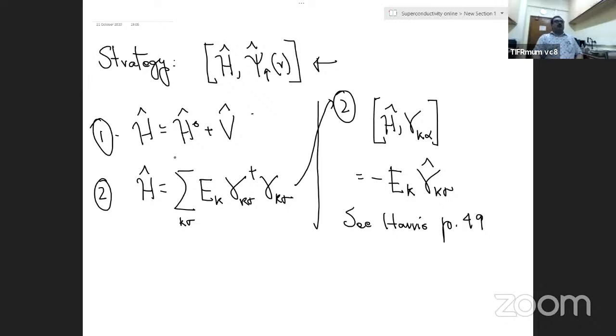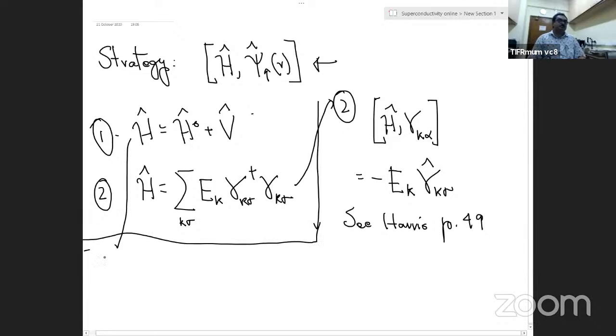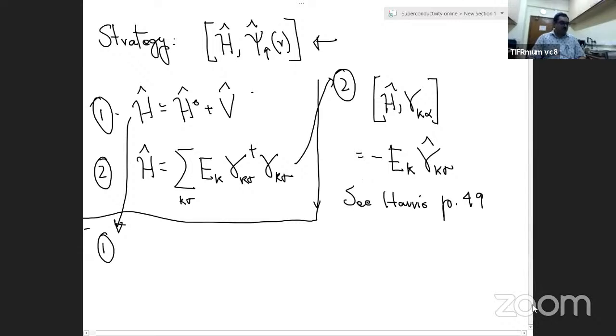Now the difficult part, and this is really the nightmarish part of it, is to use the first form to evaluate. So now I have to do the second part. Now when I use 1, I have a first term which will come from the unperturbed part, and then I have a second term.